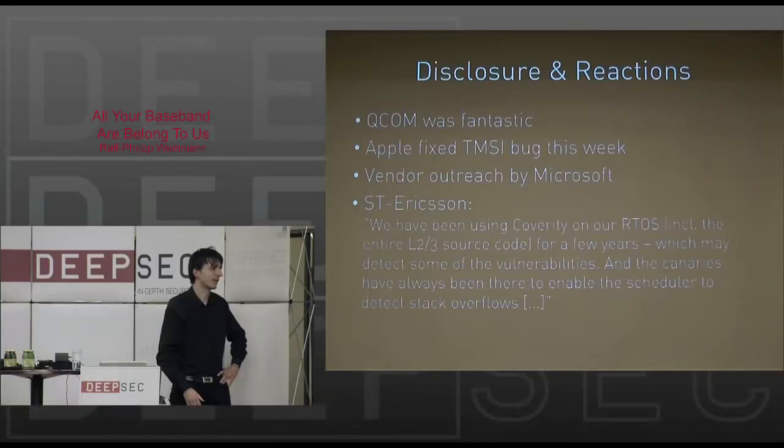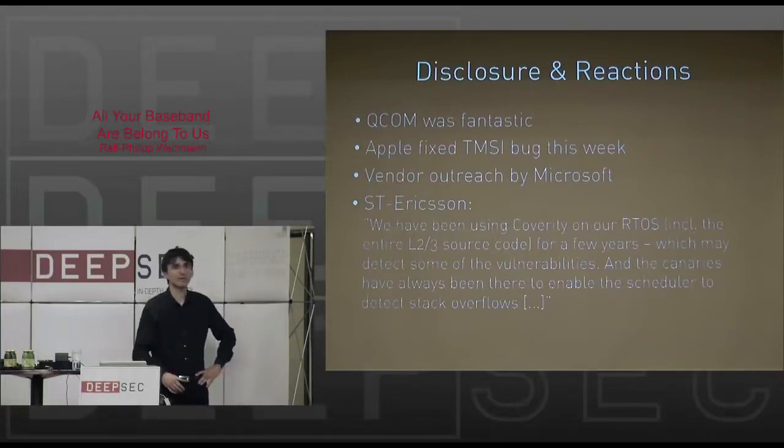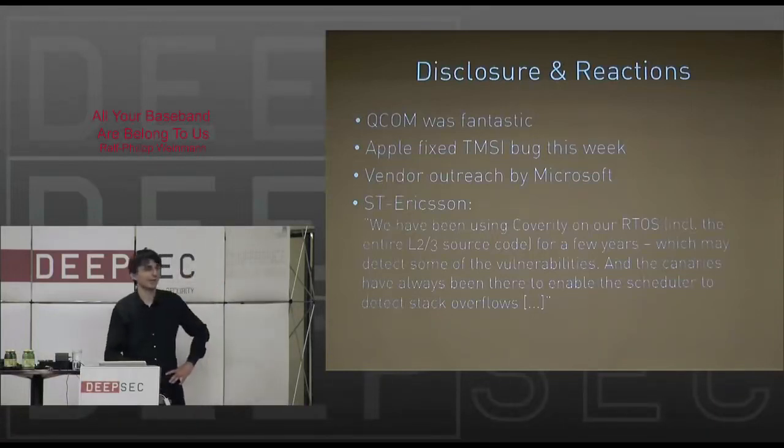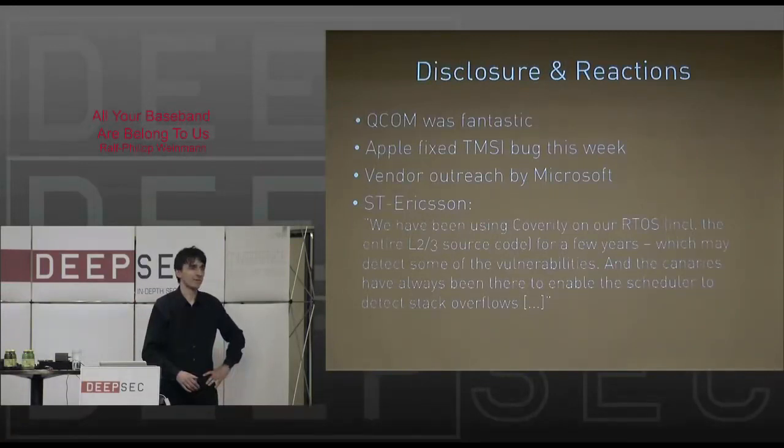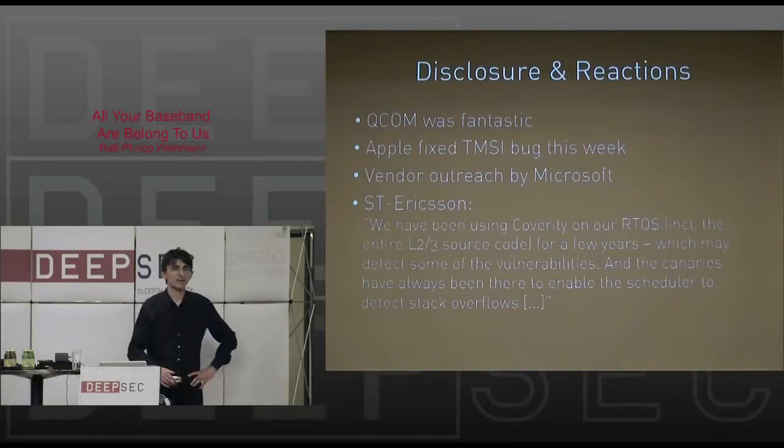Not quite. This helps if your engineering department shoots itself in the foot with an accidental stack overflow. It doesn't help against an attacker who does this maliciously. And using Coverity on the real-time operating system, well, yeah, they might have done that, but I still found bugs there, and plenty of them.